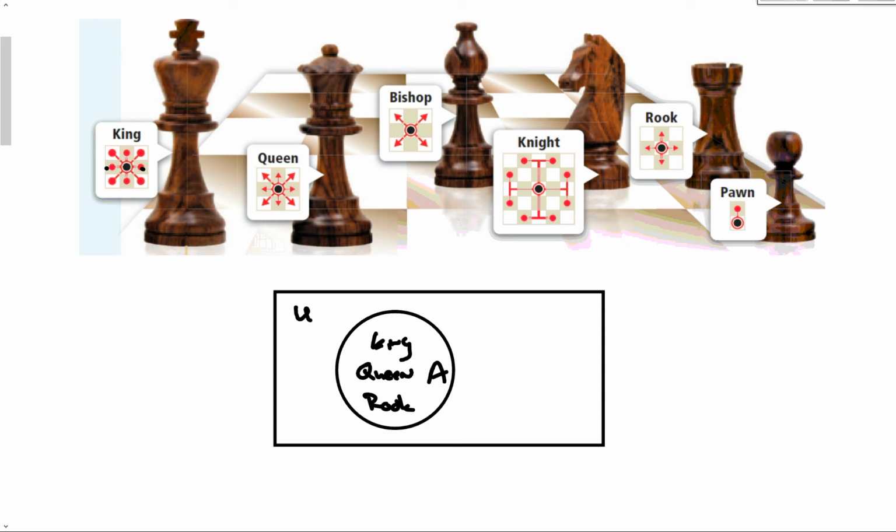Which leaves the bishop, the knight, and the pawn not inside the set. So that means that A prime, A complement, is going to be bishop, knight, pawn.